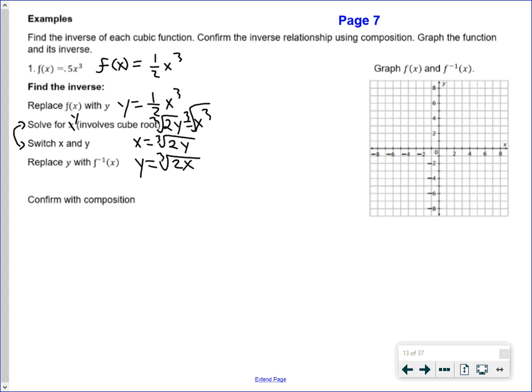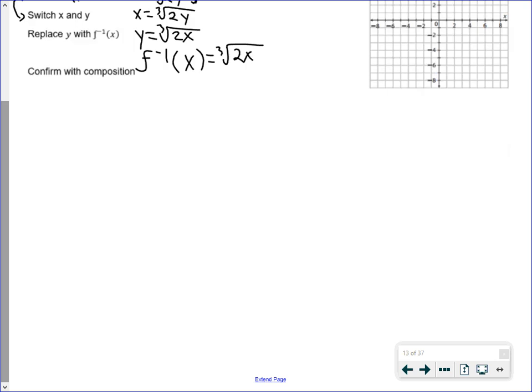All right? So anyway, the inverse function that we found is f inverse of x is going to be the cube root of 2x. That's what we think the inverse is. So what we're going to do now is confirm that the inverse is actually our inverse by using composition. So composition, that's going to be f of f inverse of x equals x.